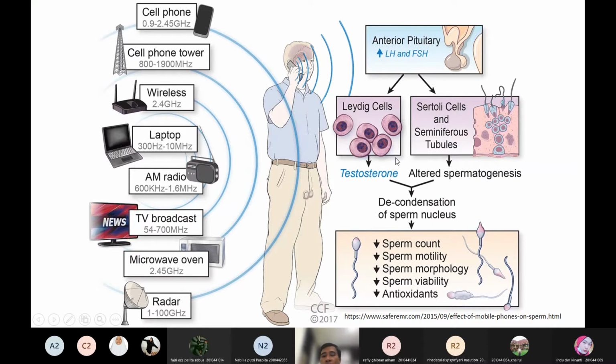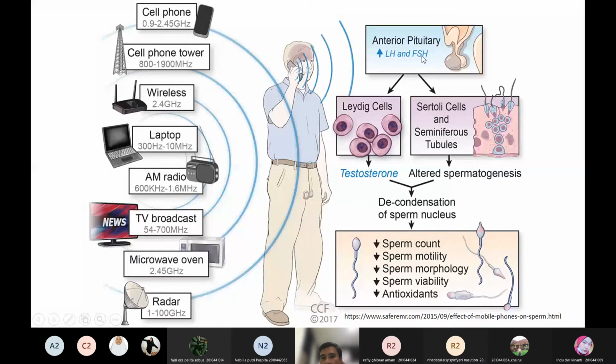So by being constantly exposed to long term electromagnetic radiations from your electronic devices, like from cell phones or cell phone towers, or even laptops and other electronic devices, it will affect your brain particularly, and also your glands.